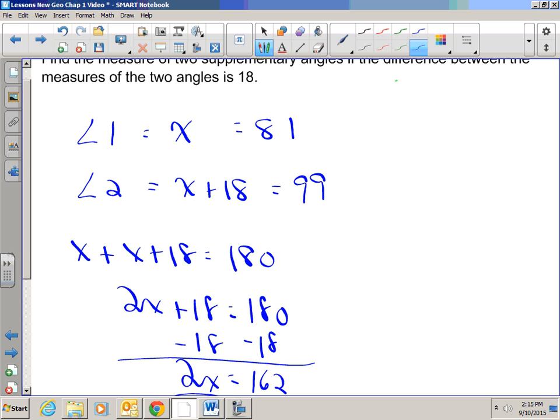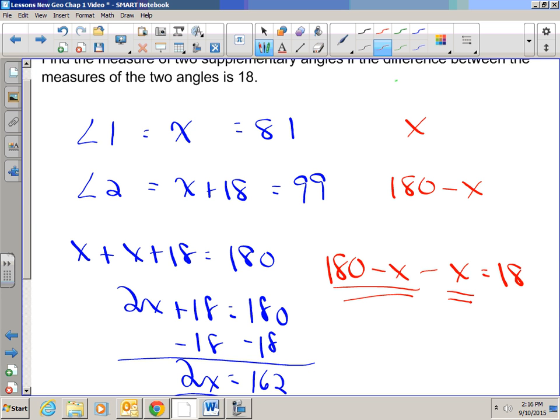Another way I could have done that is to call my first angle x and my second angle 180 minus x, because I know that those two angles add up to 180, and therefore x plus 180 minus x is equal to 180. Now my equation is going to come from the fact that they have a difference of 18. So I can do 180 minus x, my second angle, minus the first angle is equal to 18.